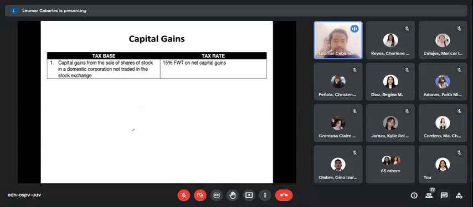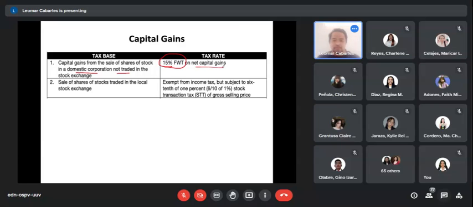For capital gains, okay, for capital gains, pag sale yan ng shares of stock, sa domestic corporation, hindi traded sa stock market, 15% final withholding tax, no, on net capital gains. So pag listed siya, exempt from income tax, but subject to 6/10 ng 1% stock transaction tax ng gross selling price.